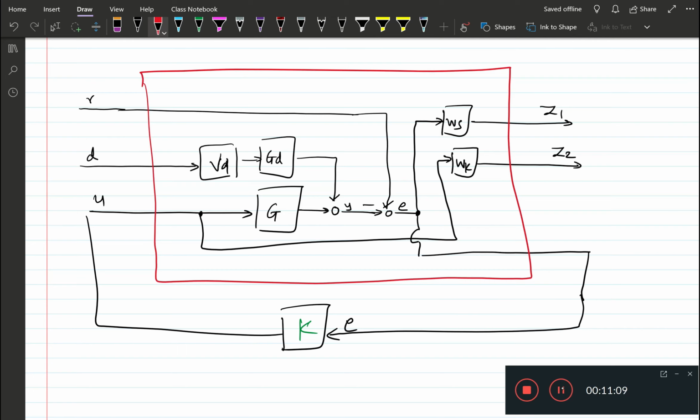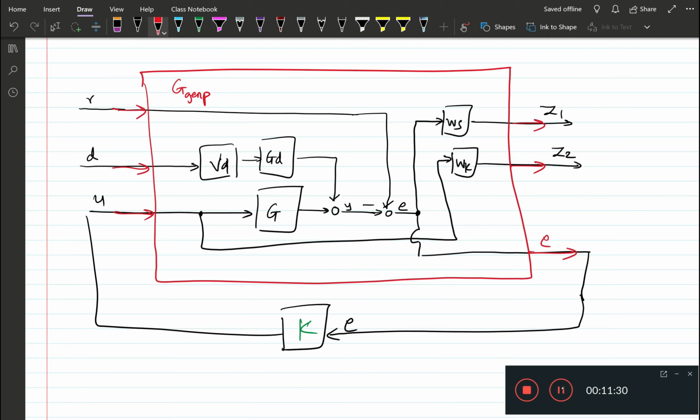Now we can draw a block diagram around here. So we have an input R and an input D and the control input U, performance channel 1, performance channel 2, and the control measurement E. And this one is now our generalized plant.